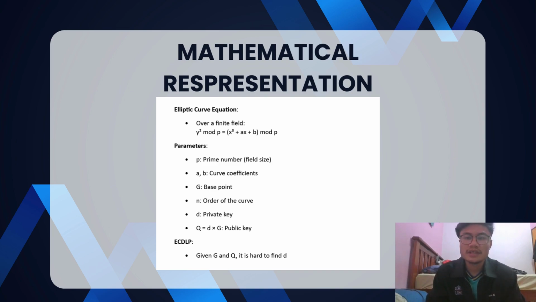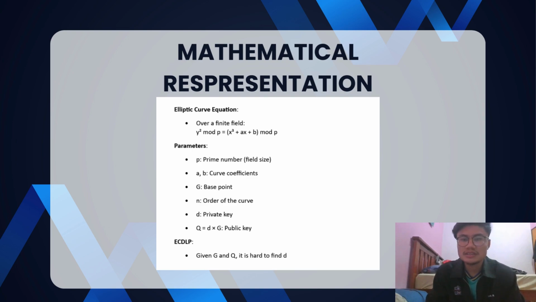The challenge for an attacker is the ECDLP, the elliptic curve discrete logarithm problem. If someone knows G and Q, it is mathematically very hard to find out what D is.